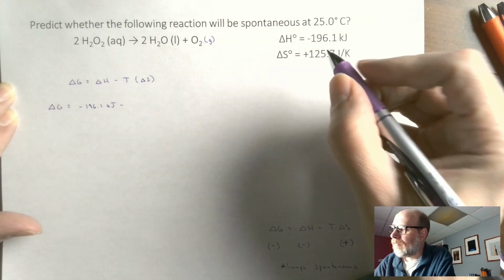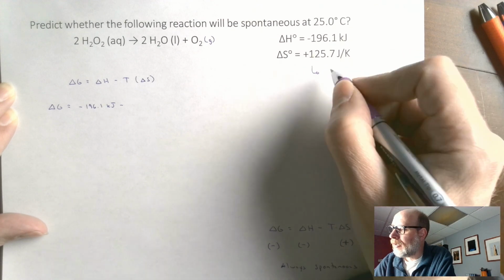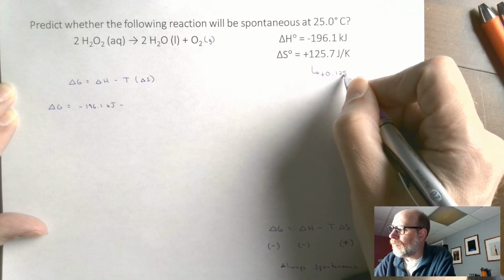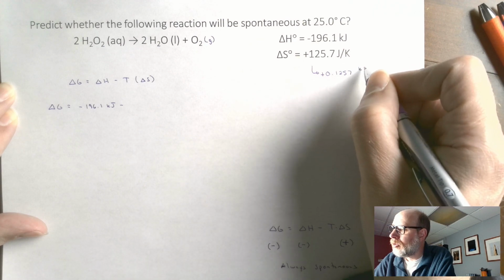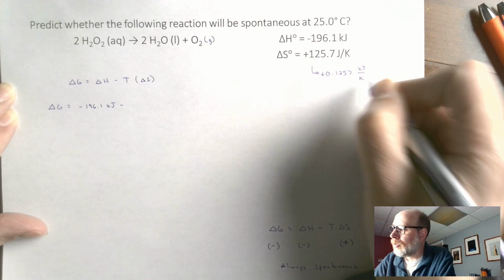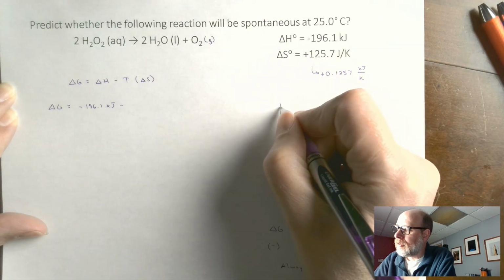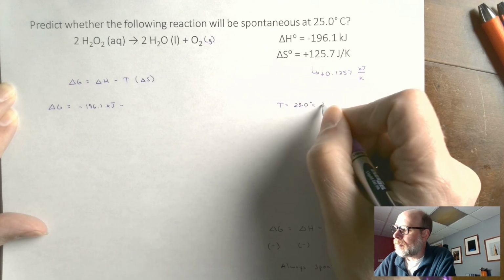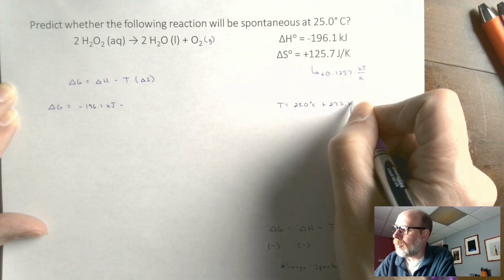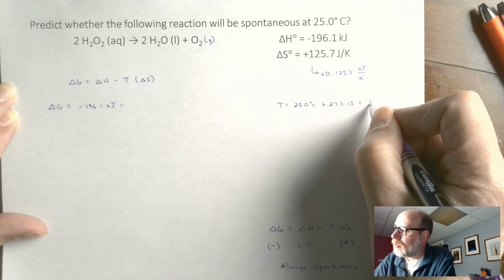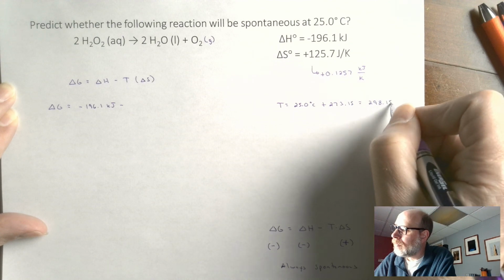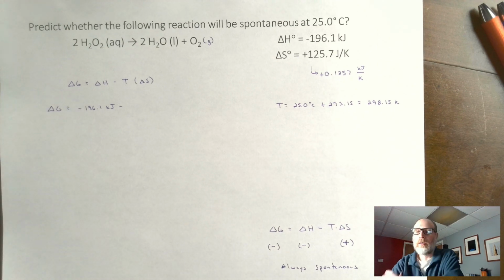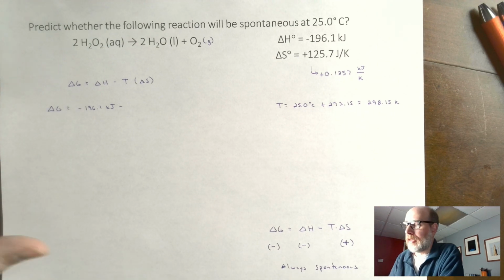I'm just going to convert this one to kilojoules, and so you'd get plus 0.1257 kilojoules per Kelvin. And then we've got to have our temperature in Kelvin, 25 degrees C plus 273.15 is 298.15 Kelvin. All right, so now we have everything that we need to plug in.